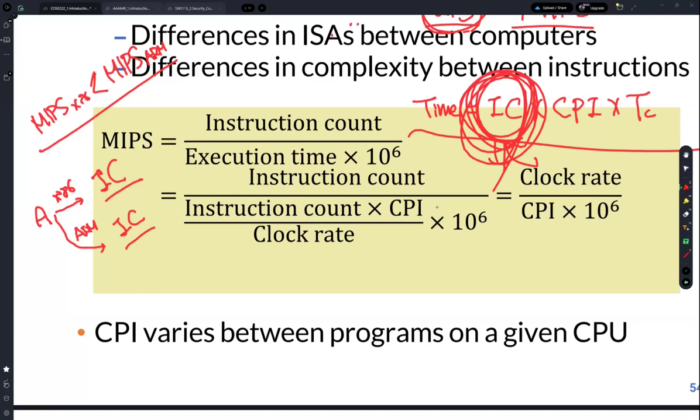So even though the MIPS can be higher, the performance can be low.